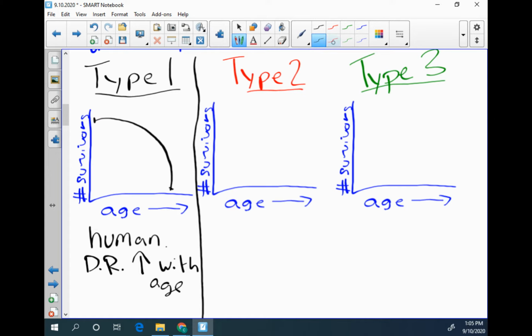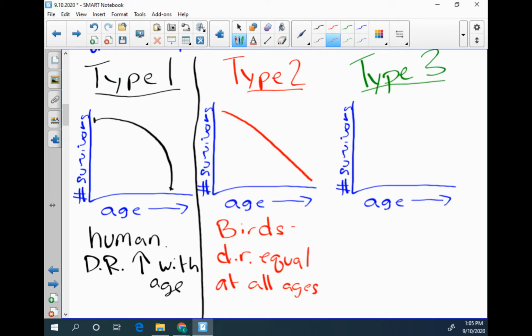Type 2 survivorship curves are like birds. A lot of birds have type 2 survivorship curves, meaning the death rate is equal at all ages. You have the same likelihood to die as a chick as you do as an old bird. So it's just a straight line down.